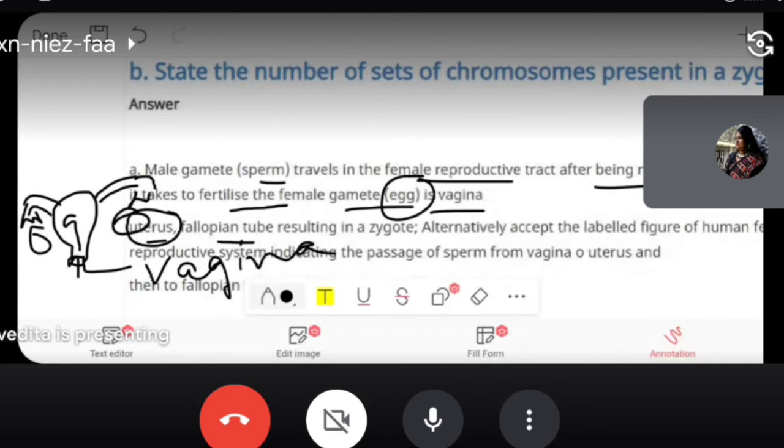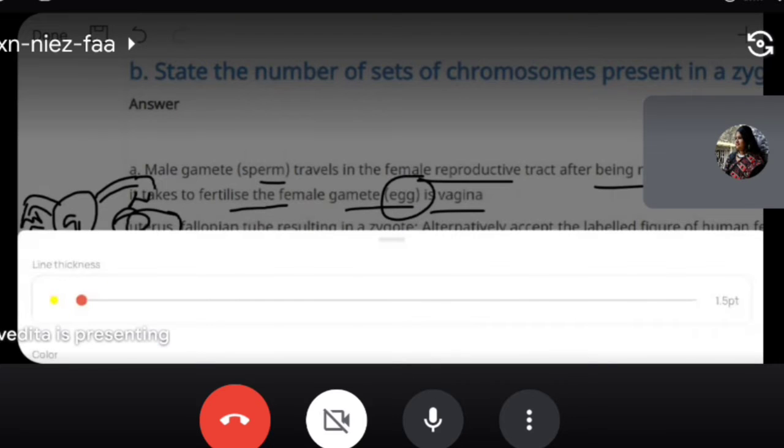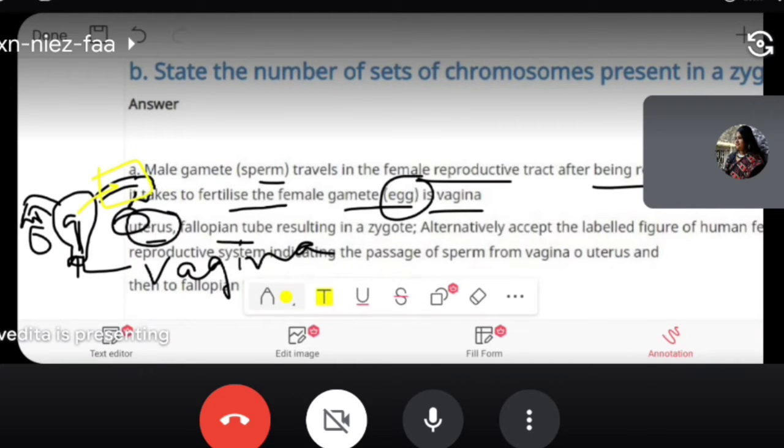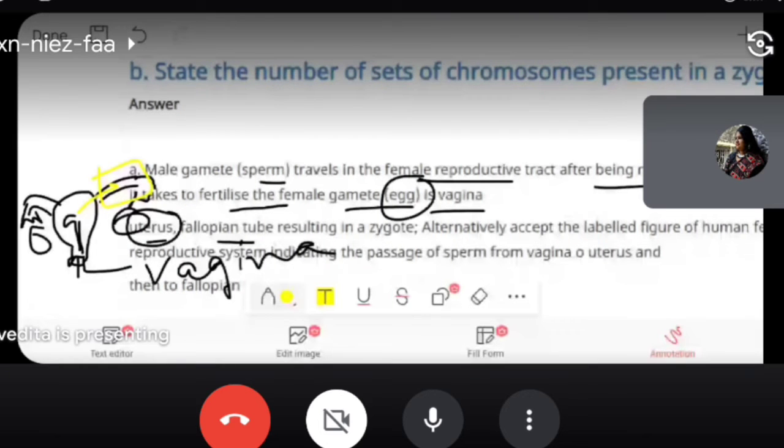So at first the sperm will go through the vagina and then to the uterus. After that it will go inside the fallopian tube. This tube is known as the fallopian tube, you all know. So after the uterus it will go to the fallopian tube, and then it will be fertilized with the egg, and then it will make the zygote.